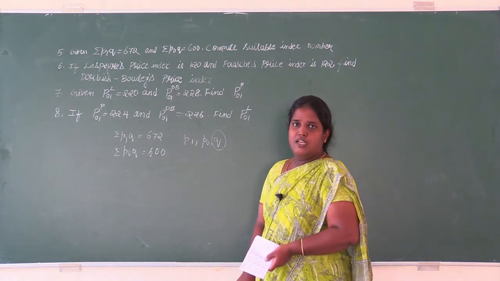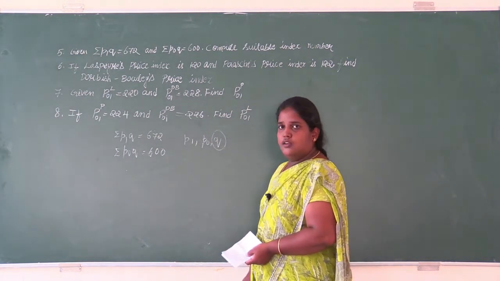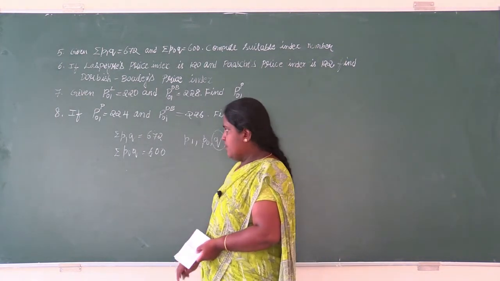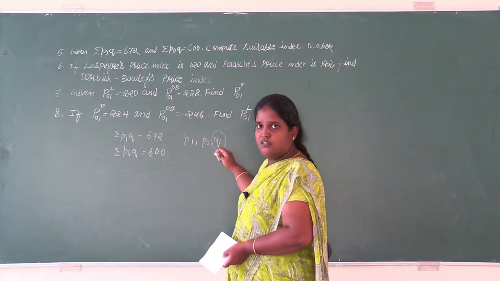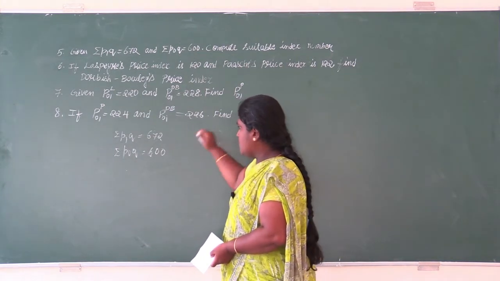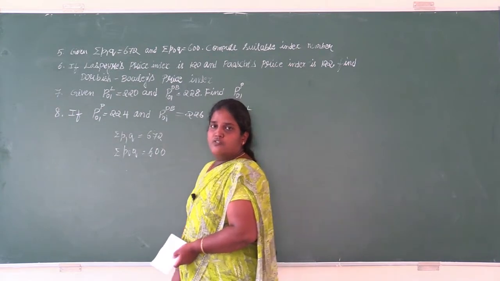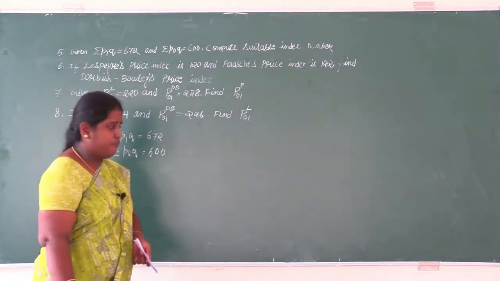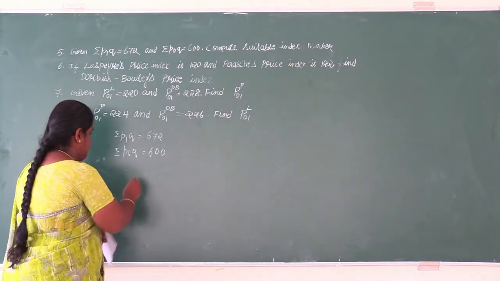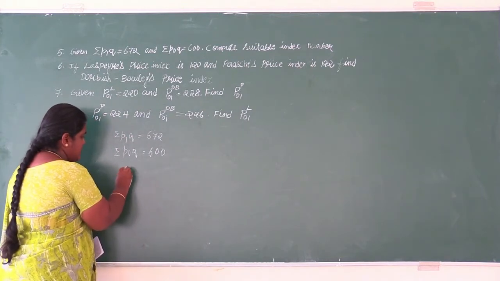So the quantity is taken as weight in Cayley's fixed weight method. Here the quantity is not given whether it is about base year or current year. Only if quantity is mentioned, that is the fixed quantity, then it will be Cayley's fixed weight method.